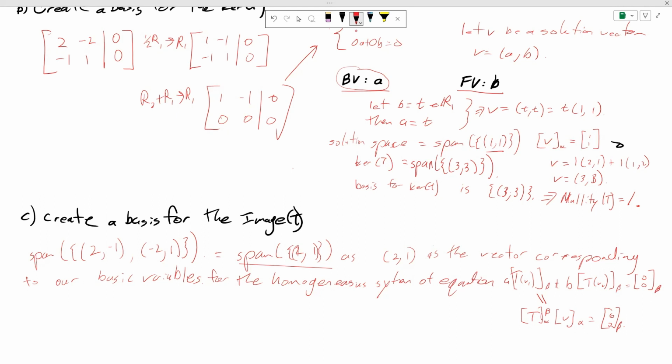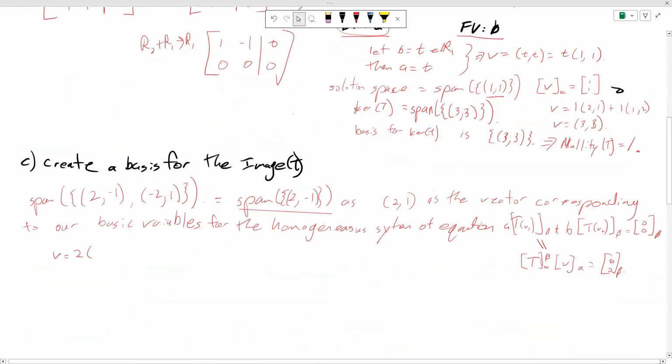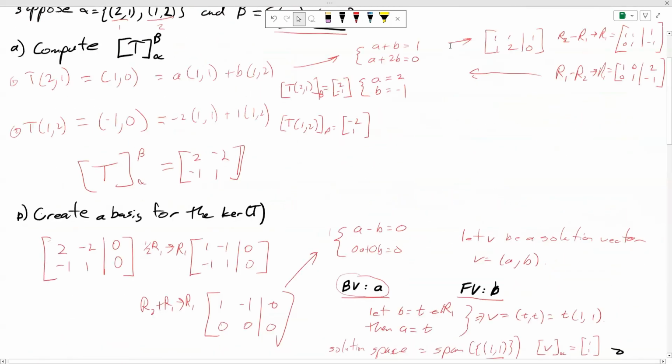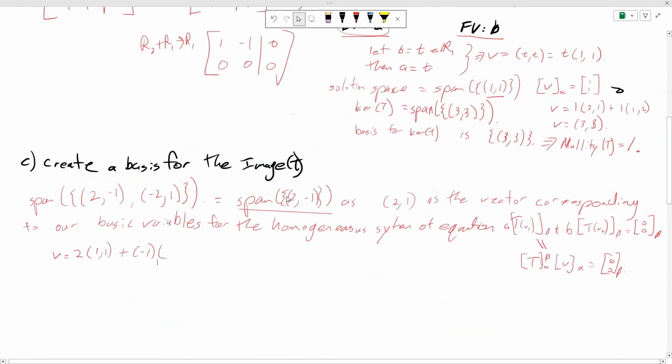But this is represented using the coordinates in W. To calculate our image, we need to convert each of these vectors into what they represent in W. So this is going to be 2 times the vector (1, 1), plus -1 times the second coordinate vector for beta, which is (1, 2).